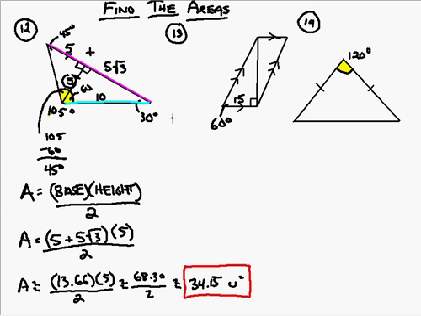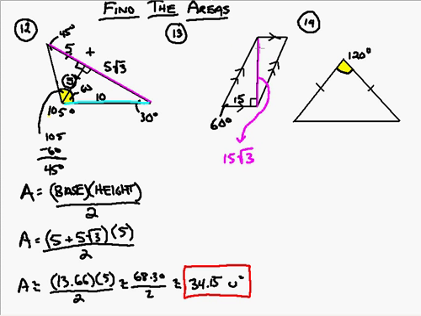So if my short side is 15, and again I'll use pink, that means the length of my long side right here is going to be the short side times the square root of 3. I'm simply going to go 15 square root of 3, and so that's my height.